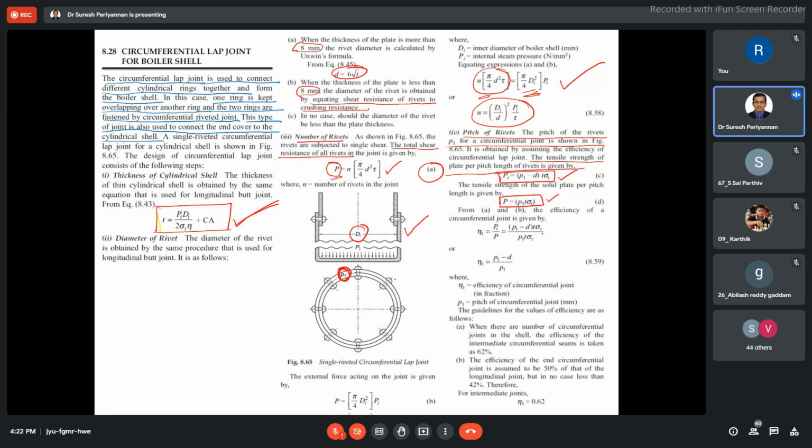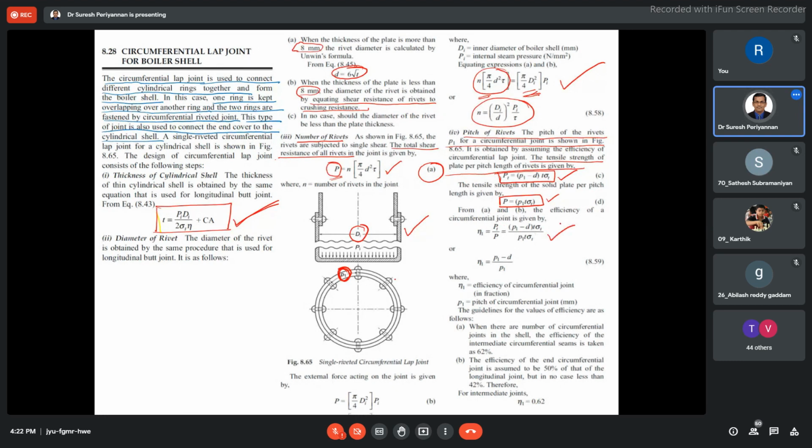Now P1 by P, or PT by P. PT is nothing but our tensile strength of the plate after riveting, so tensile strength PT divided by P is our efficiency of the circumferential joint.